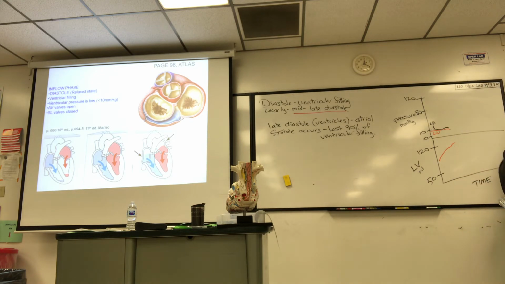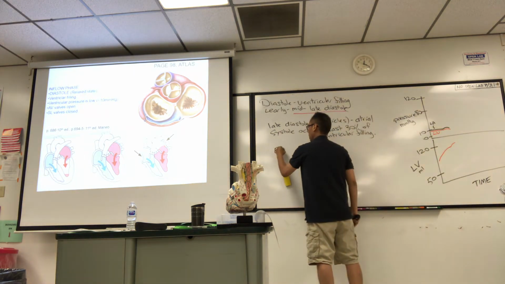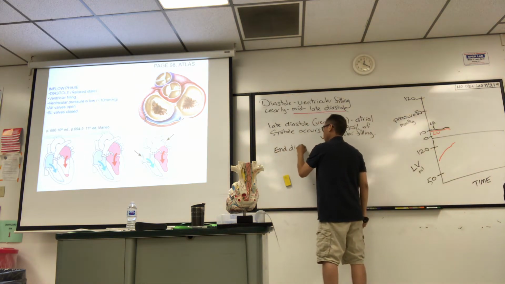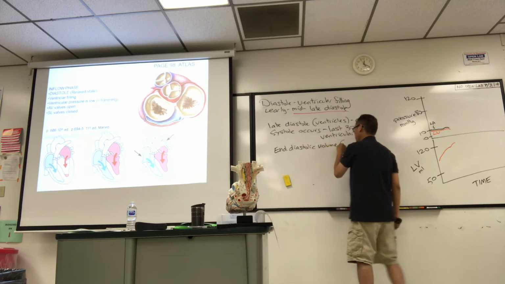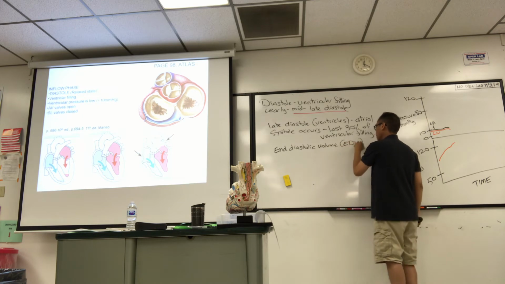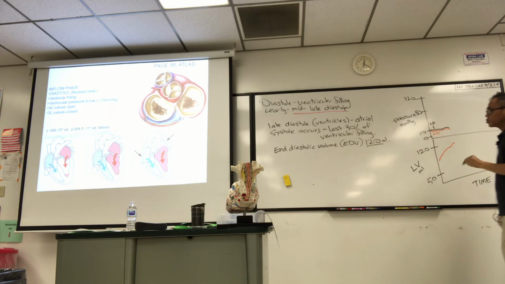So at the end of diastole, the volume of blood is called the end diastolic volume, EDV for short. 120 ml. That's the amount of blood available to pump.